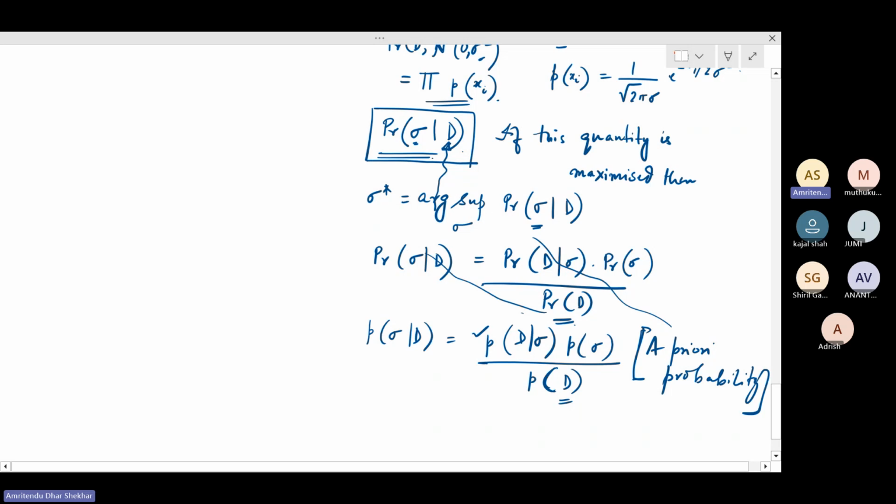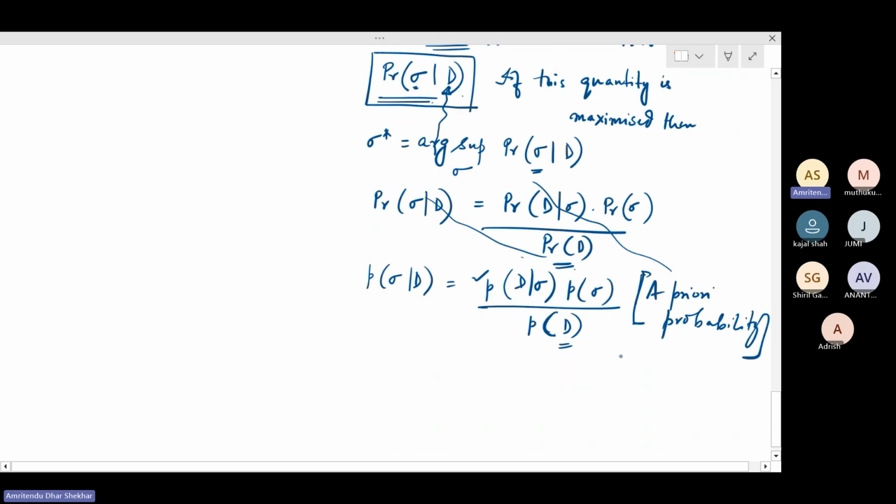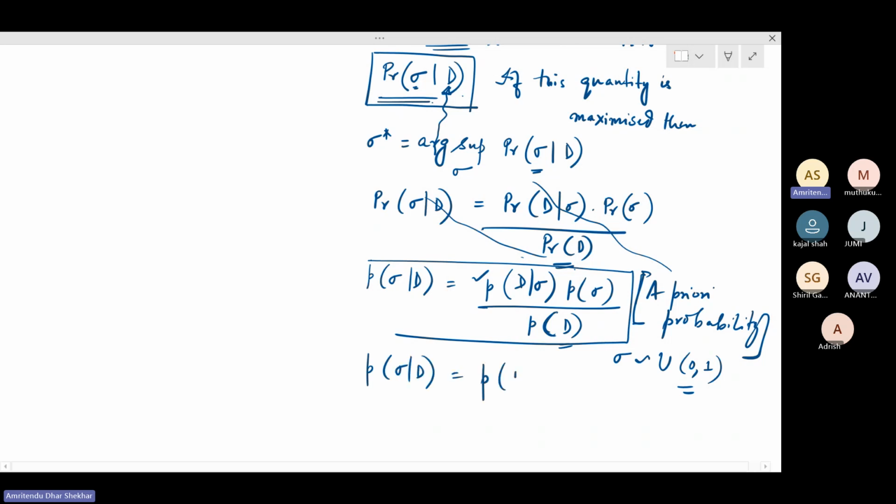If you do not have any particular a priori probability, you assume it's uniformly distributed over some 0,1. So now you basically have p(sigma | D) equals p(D | sigma) times p(sigma), and then divided by p(D).